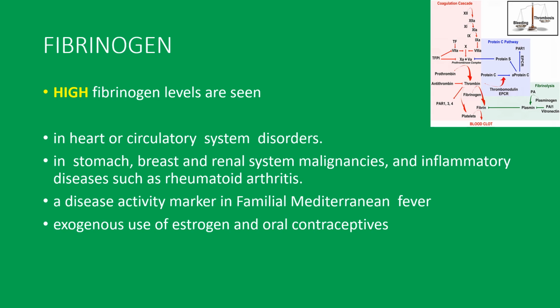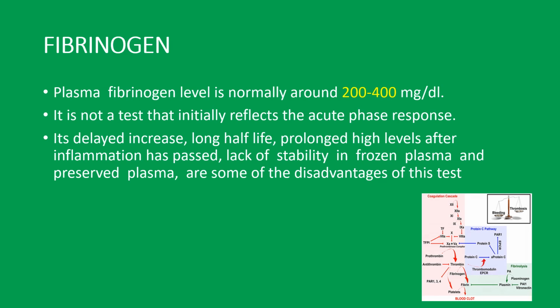It is actually a disease activity marker in familial Mediterranean fever, and high levels are found in exogenous use of estrogens as well as oral contraceptives, and thus this can also be a marker of hypercoagulability. Plasma fibrinogen level is normally around 200 to 400 mg per dl.